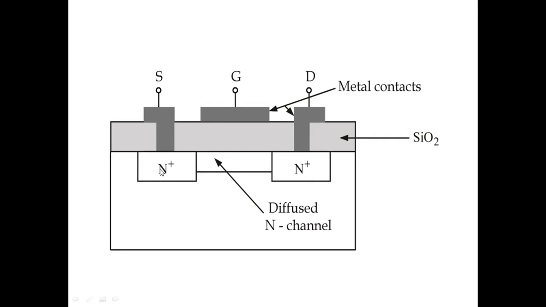The plus represents heavy doping; normally doped material is just N, and heavily doped is represented as N plus. Due to this heavy doping, a channel is diffused between these two N plus regions.